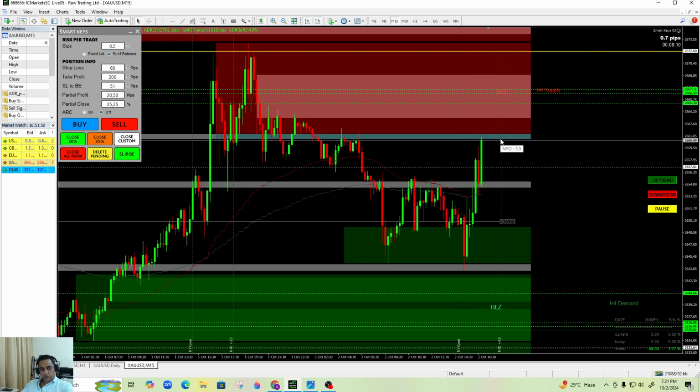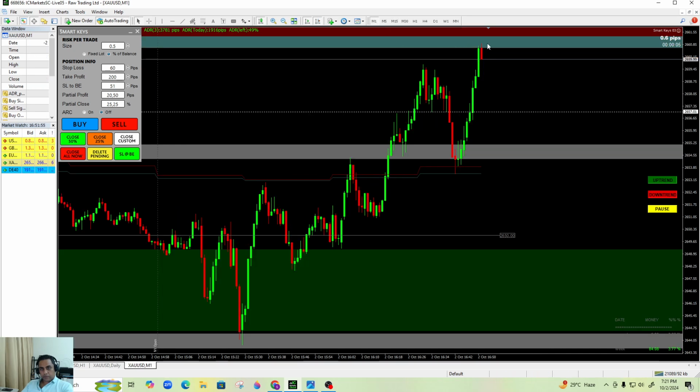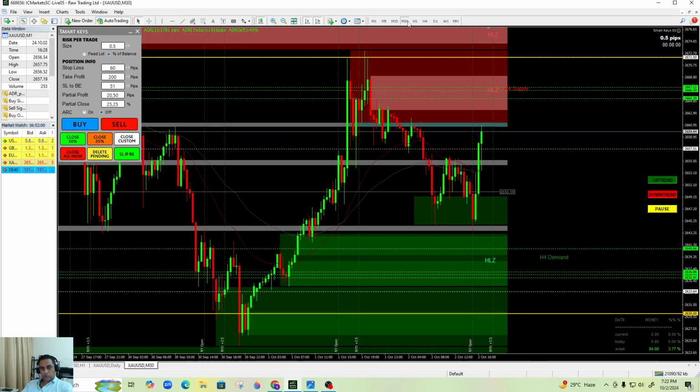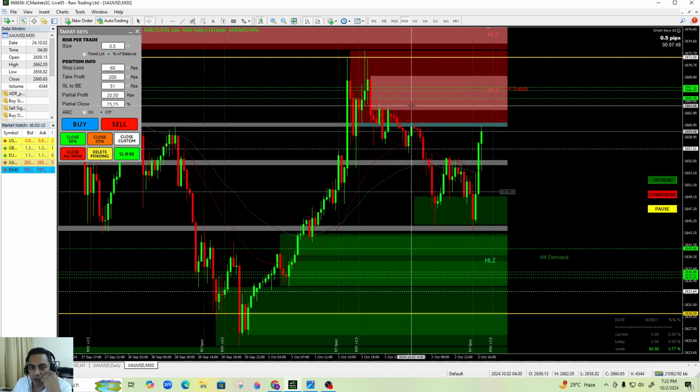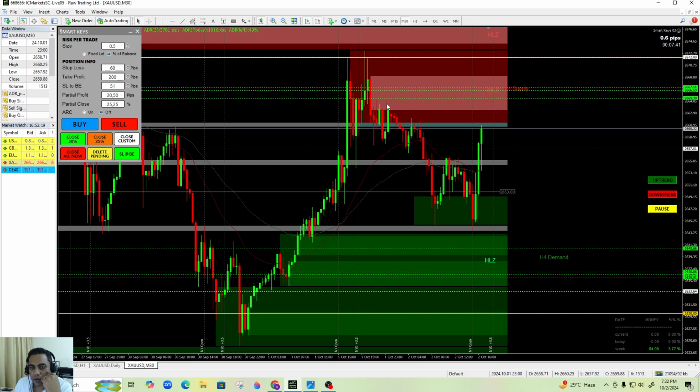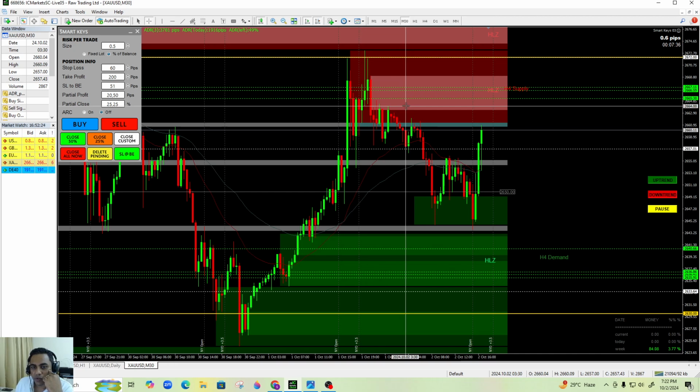Okay, if we've touched resistance, this price is reacting to resistance. Should come above this high here, 2664. Might get a bit of a pullback here, but price should eventually come above 2664. 2663, 2664.